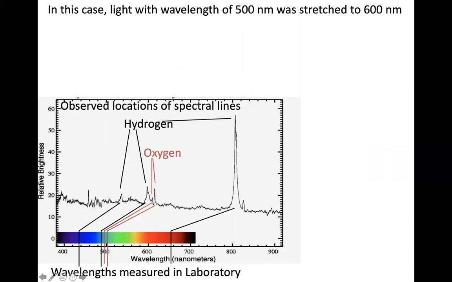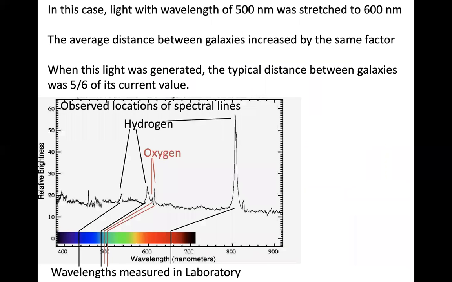So, for example, we looked at this spectrum of a galaxy before. The wavelengths of features that would normally have occurred at 500 nanometers got moved to 600 nanometers. What that means in this case is the average distance between galaxies also increased by that factor. So when this light was emitted, the distances between galaxies, the distances between crests of electromagnetic waves that were propagating freely, was 5/6 of its current value.